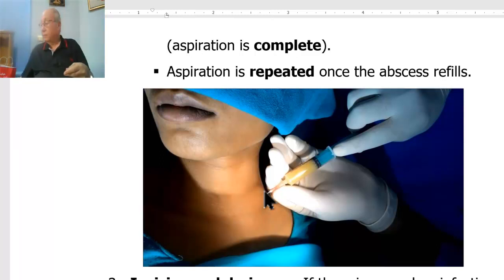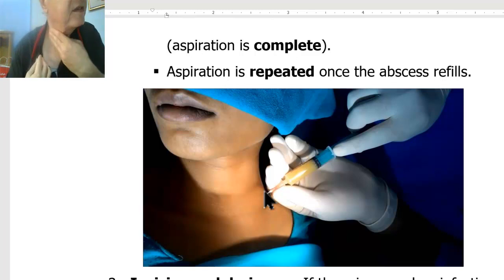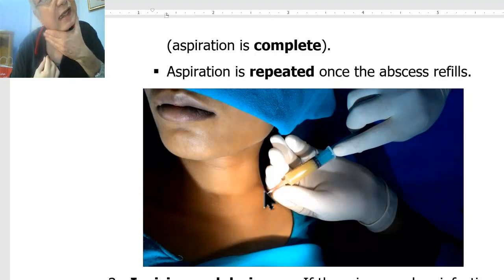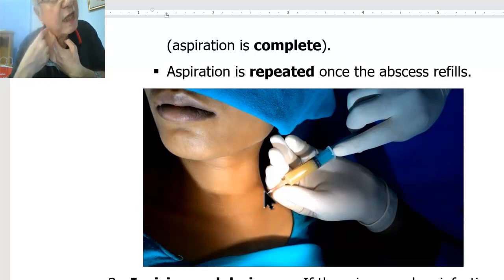And if this is the abscess, we tilt the head of the patient to relax the skin. Then pull the skin so that the healthy skin comes over the abscess.